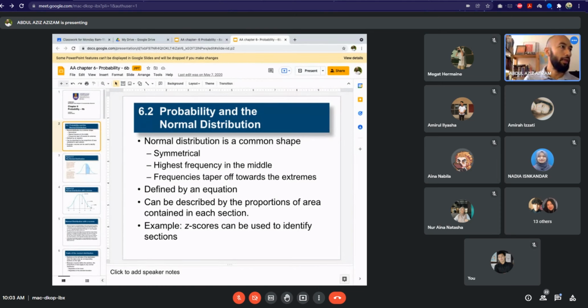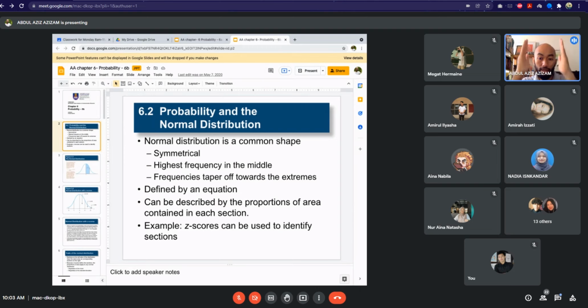Kita nak go in depth lagi. Normal distribution is common shape, which is symmetrical, high frequency in the middle, frequency taper off toward the extreme. Okay, kita kena ingat, it is symmetrical.